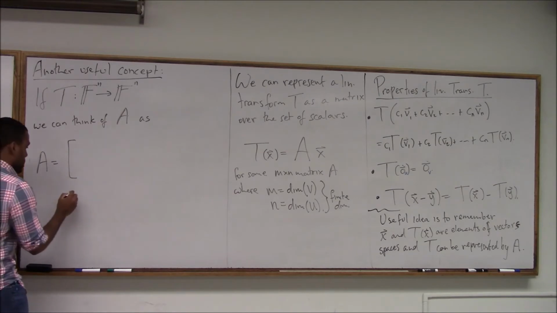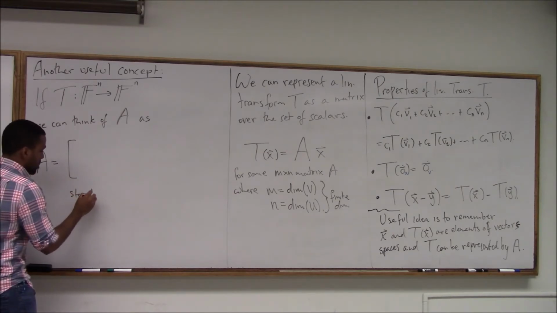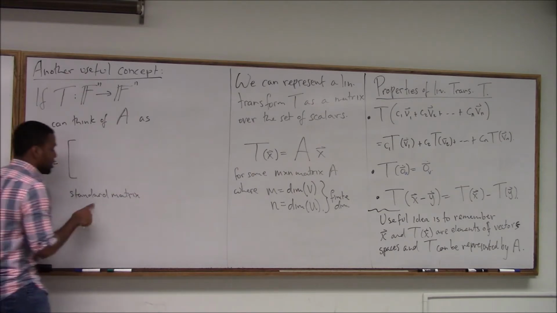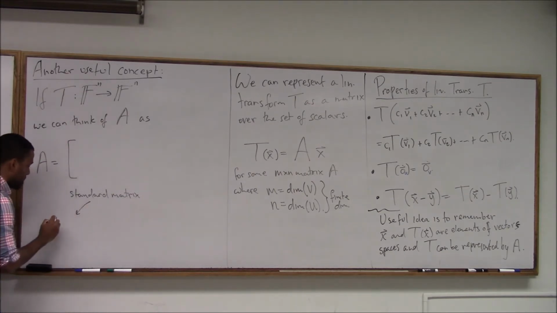This is called the standard matrix. And it's called the standard matrix because it's in terms of the standard basis on Rn.